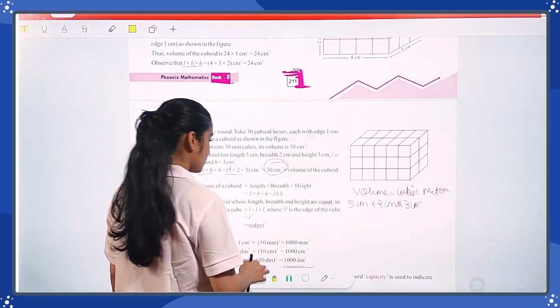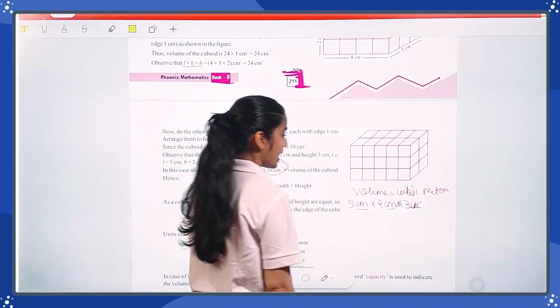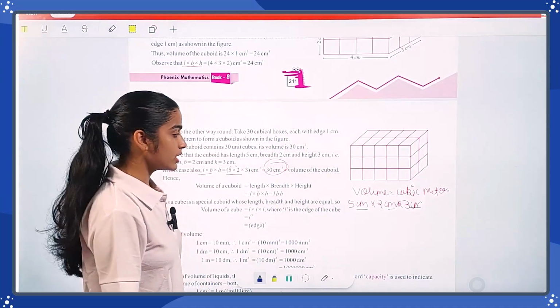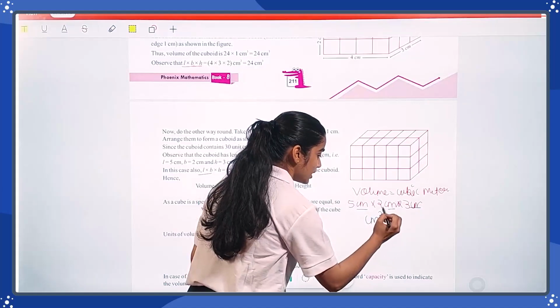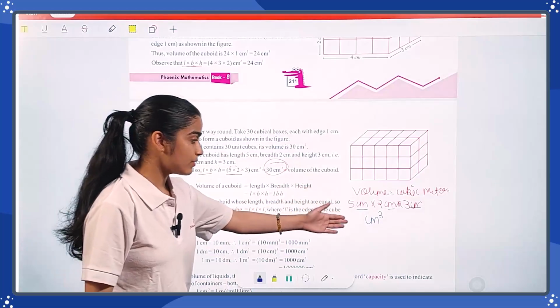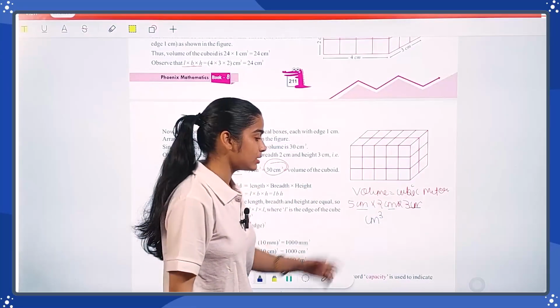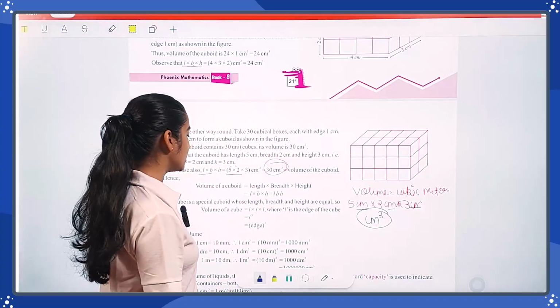In this case, we are multiplying centimeter, centimeter, centimeter. In the cube root chapter we already learned about this. Whenever we multiply a particular value 3 times, it denotes a cube. So when we multiply centimeter, centimeter, centimeter, the unit of the volume will be cubic centimeter.